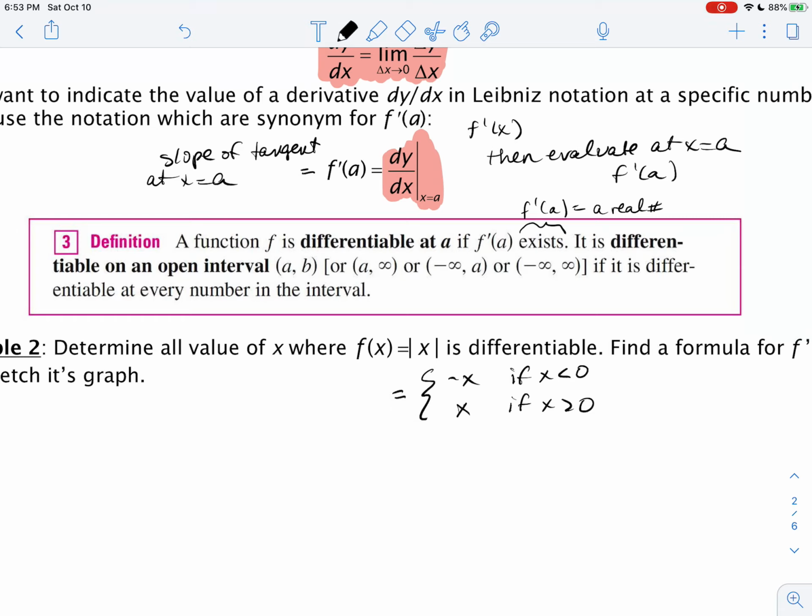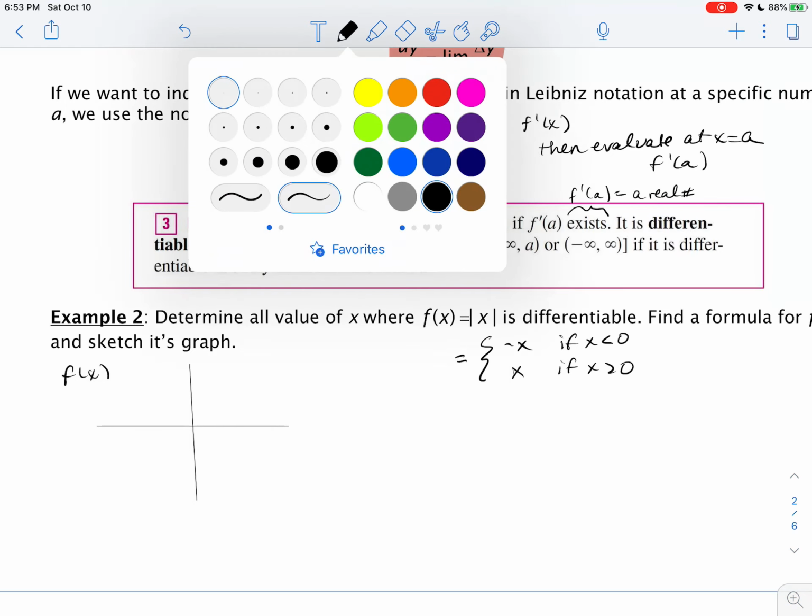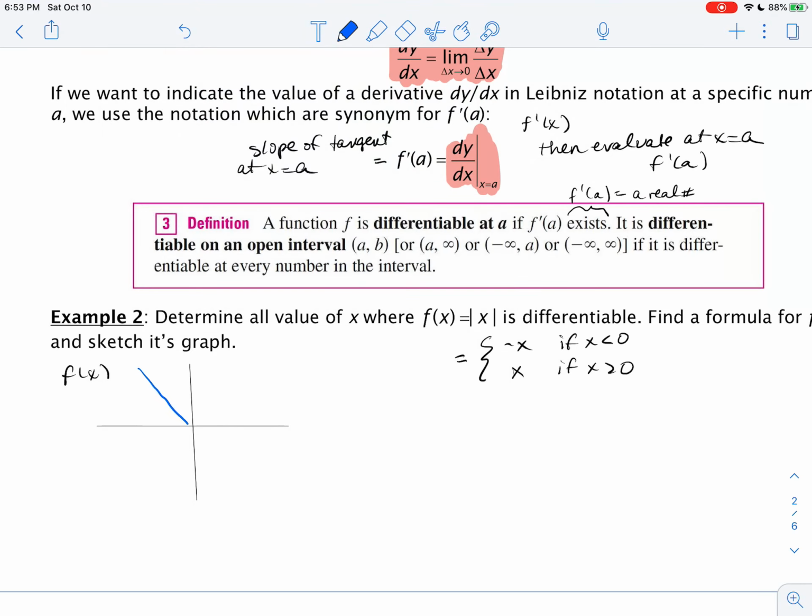And in this case, we won't have an issue for any point less than 0, and we won't have an issue for any point greater than 0. If we were to graph f of x, we would get a V, right? We would get a V on this side, and then on this side.